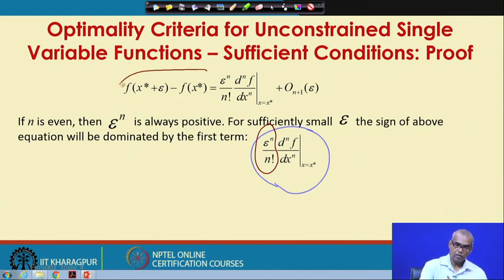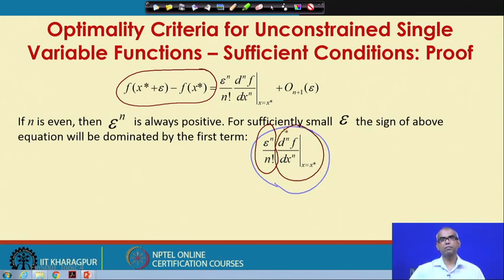So, whether this will be positive or negative will depend on this nth order derivative.